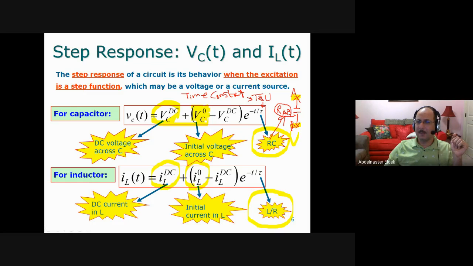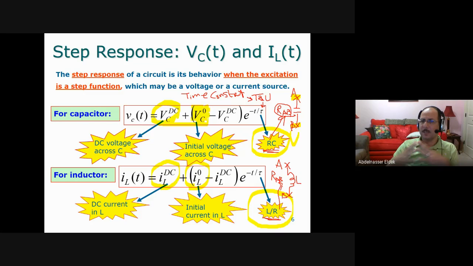So it's very similar to the capacitor one, but there you have R times C and here you have L divided by R. If this one is L, for example, you need to calculate the resistance between these two terminals, A and B. This is R AB, the resistance that you use to calculate tau, the time constant for the inductor circuit. Okay, so this is the main slide for this chapter.